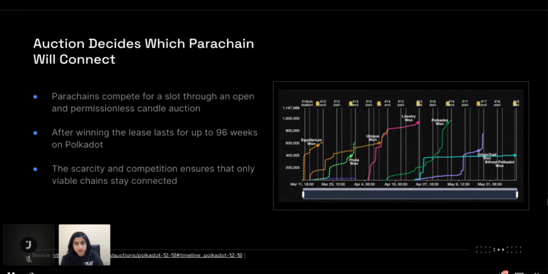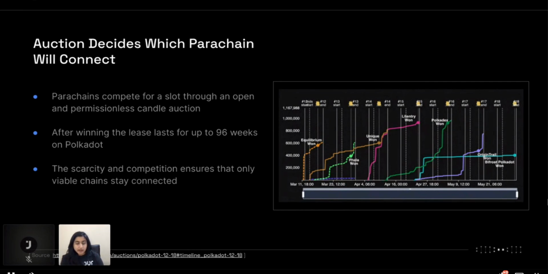It's like a regular auction, and for every slot that Polkadot provides, like all these 100 slots, blockchains come and compete. They take part in the auction, and they place their bids. And of course, the one who placed the highest bid wins the slot, and then they get to connect their blockchain to the main Polkadot relay chain.